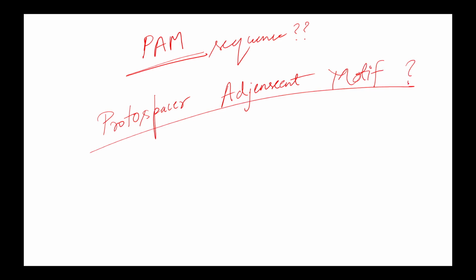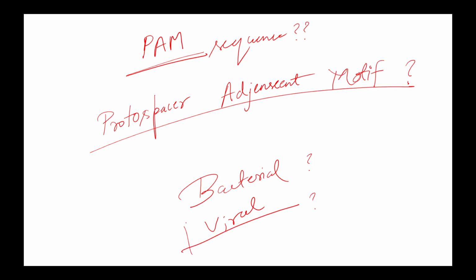So what is the function of PAM sequence? Why is it there and where is it located, at the bacterial genome or at the viral genome? Where? Yes, and why is it present there? What is the function of PAM sequence?